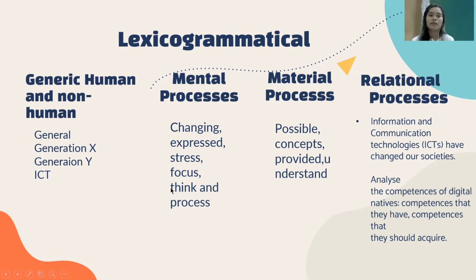After that, there is mental process. This is the mental process, with words like changing, express, stress, cues, think, and process. We can see these words from the text to give evidence. Next is the material process.